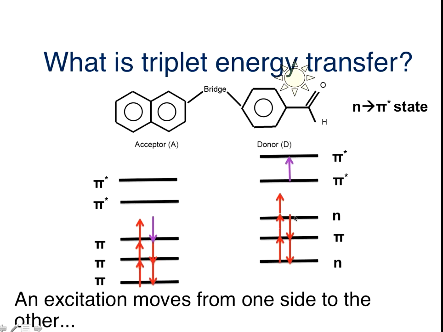What these guys did was take the ground state molecule and they came in with an electron. They photo-attached, sending in a low energy electron which attached into the pi star state, and then they watched that electron move over to here. So it's a very different beast between doing anionic charge transfer and neutral energy transfer or triplet energy transfer.